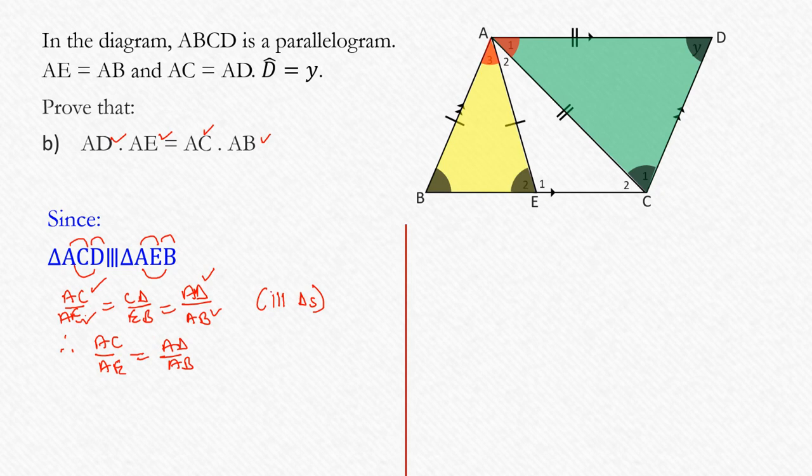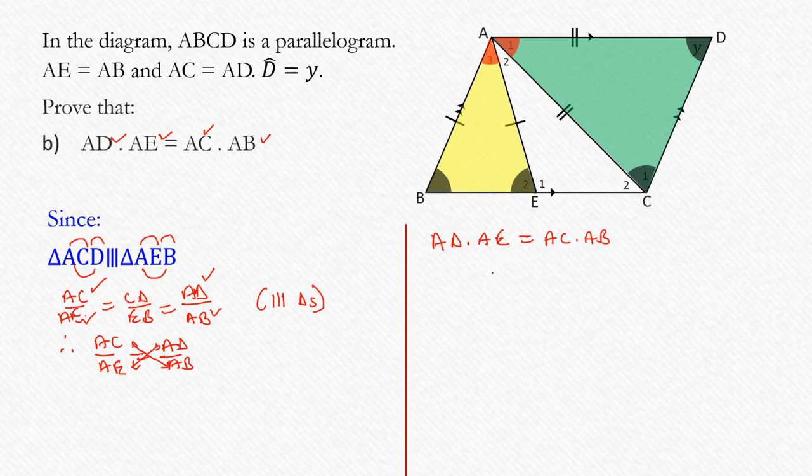Right, so now we cross multiply this with this, and then we multiply this with, we say AD times AE is equal to AC times AB. Okay, done. That's the second question.